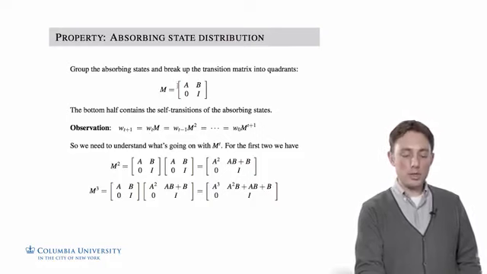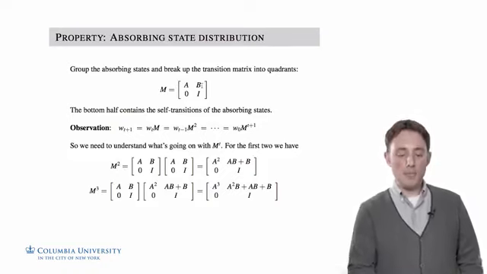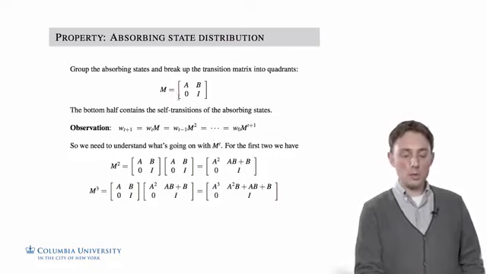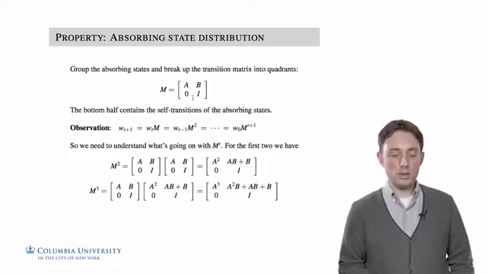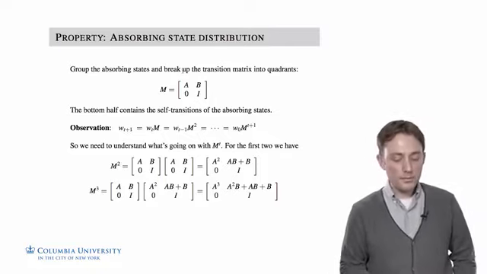So if we make a transition from any of these top rows to a state indexed by B, then we transition to an absorbing state, and our Markov chain is going to essentially terminate there. Okay, so we make this simplifying assumption.